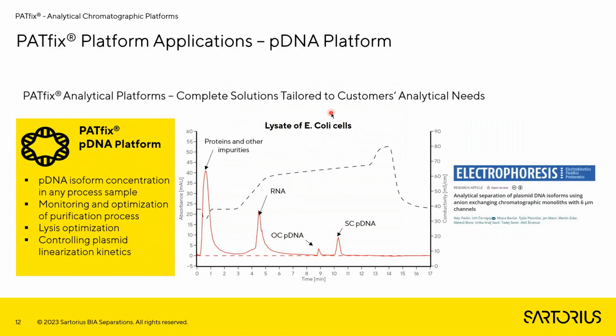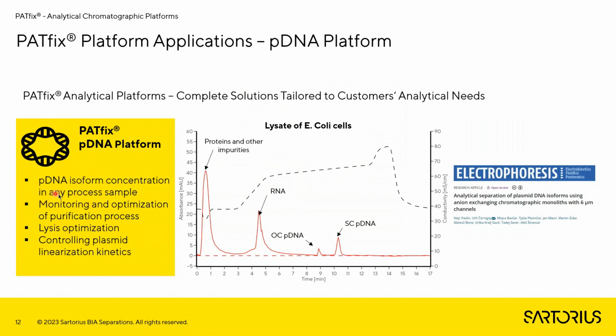So let me say now something about our pDNA platform. The pDNA platform is based on one analytical method and one analytical column, the CMAC DAE column, and it could be used for different reasons.